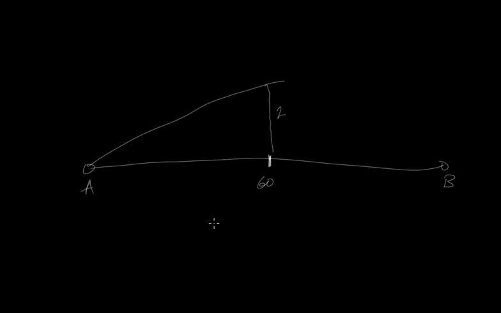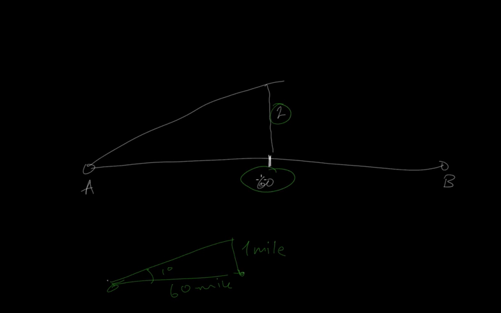Let's review what the 1 in 60 rule said. It said that for every degree of error in a 60-mile path, you'll be 1 mile off your intended destination. Here we have how much we're off our destination, and here we have our distance. So what do we need? We need our error degree.